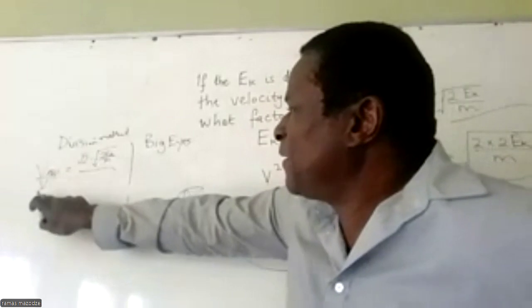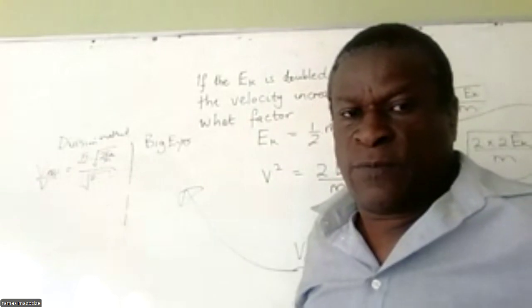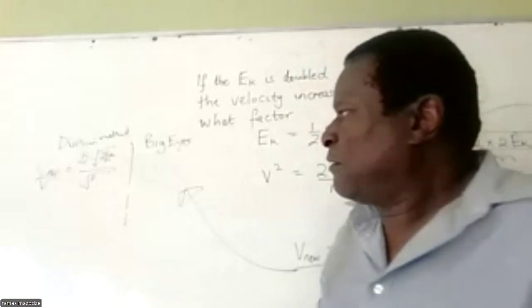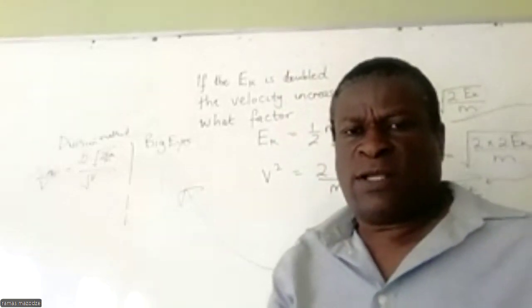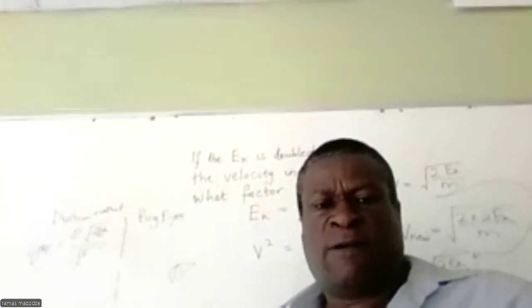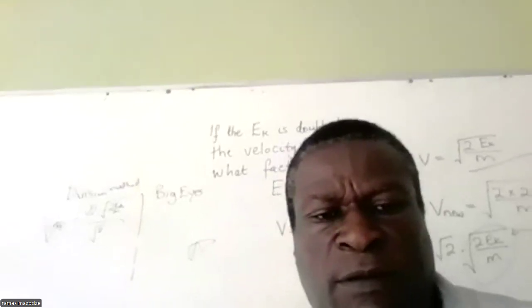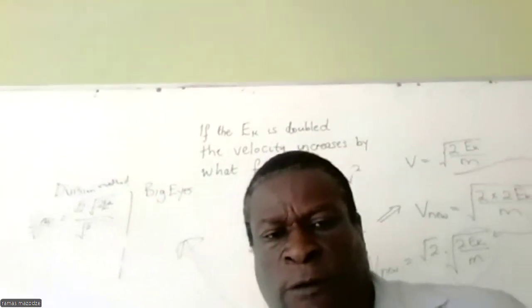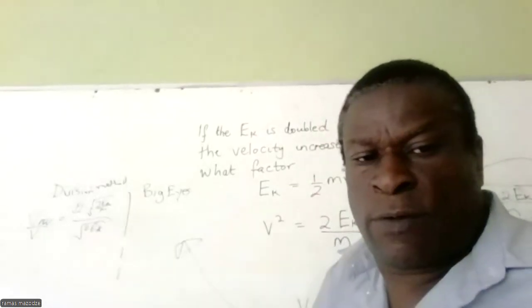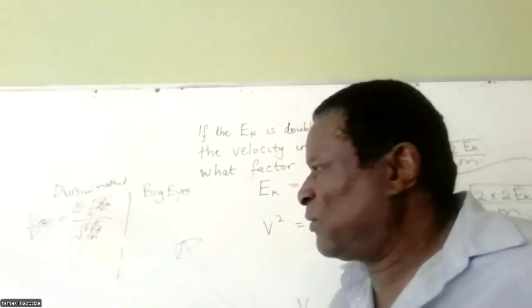Now I divide that by V, which is the square root of 2 EK over M, and these will cancel, so you still get the same answer.